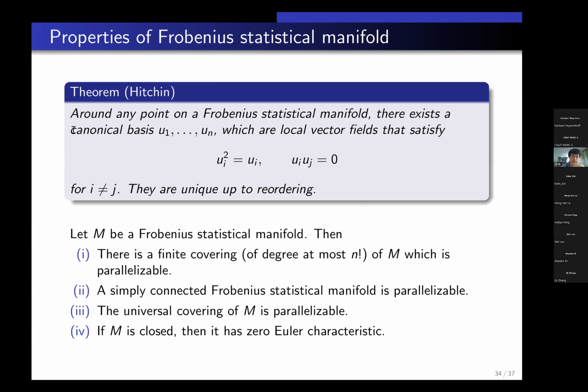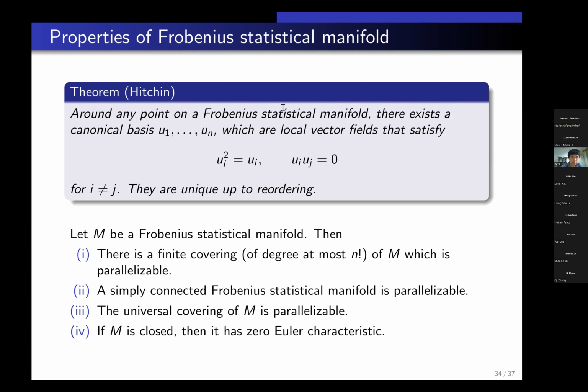I think this canonical basis, of course, is well known to Dubrovin when he defines the Frobenius manifold. But Hitchin relaxed the condition of flatness of the Riemannian metric. Actually, Hitchin's proof is very nice. You just use the semi-simple property of the algebra. You do not need too much geometry, only semi-simpleness.